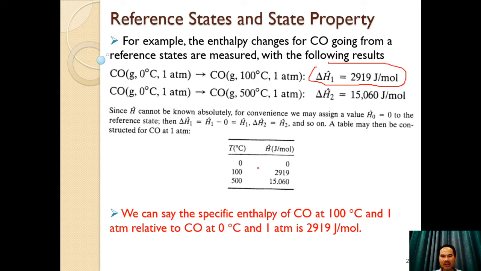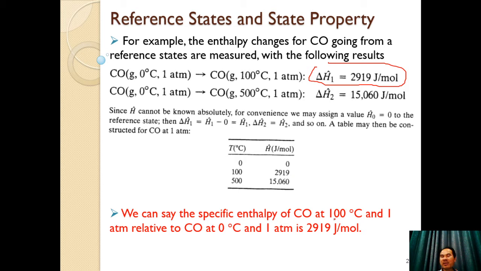Delta H at 100 means H at 100 minus H at 0 degrees Celsius equals 2,919 minus 0. And if we calculate delta H at 500, referenced to 0 degrees Celsius, it means H at 500 minus H at 0 degrees Celsius equals 15,060 minus 0.